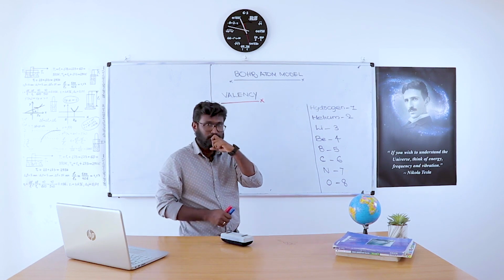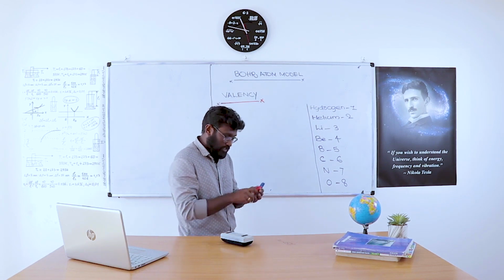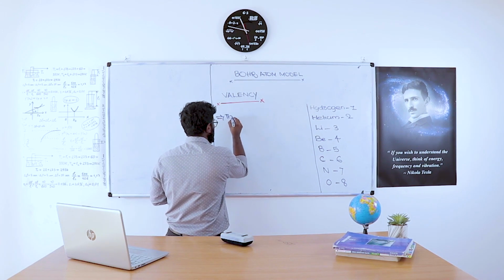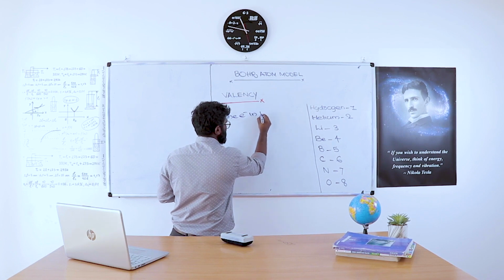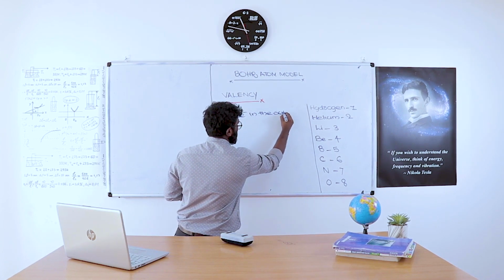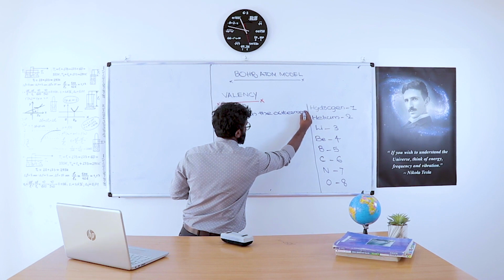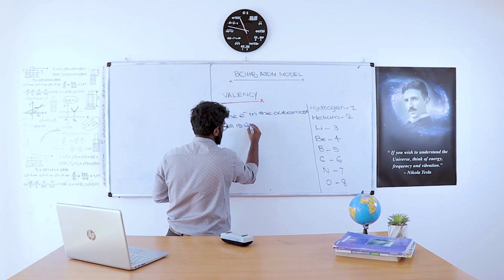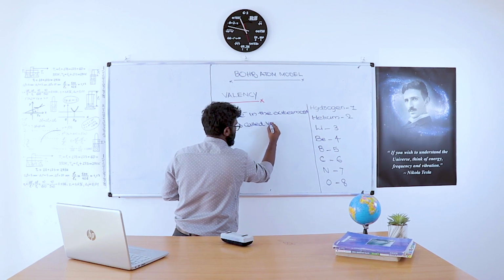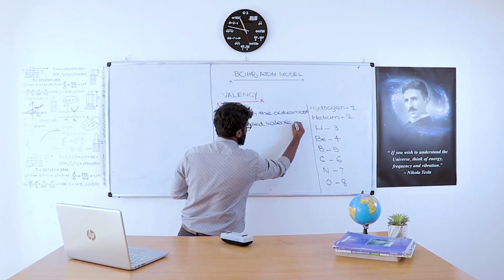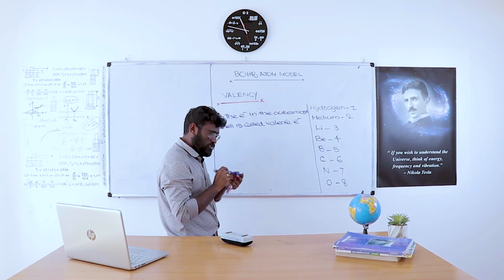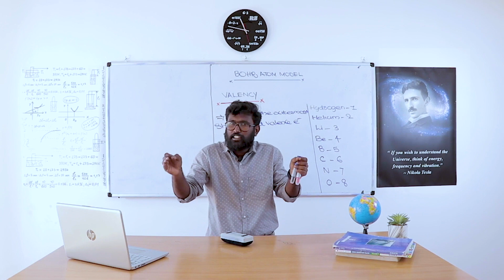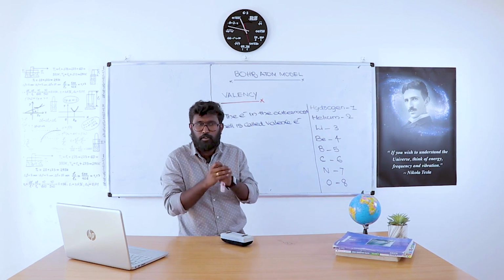The electrons in the outermost shell are called valence electrons, and a maximum of 8 electrons can be accommodated in the outermost shell.